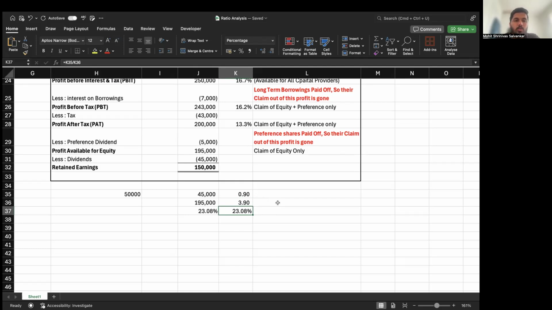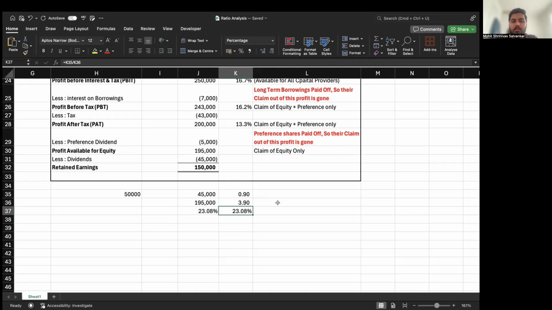Okay. So next is the dividend cover ratio. Again, the word cover, the coverage comes. We will look at it like this. Out of the available profits for the shareholders, if you want to distribute the entire amount as dividend, how many times can you pay dividend?